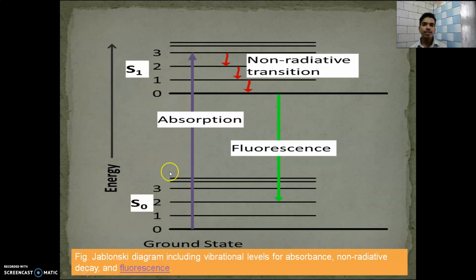Absorption of energy takes place, and there is a non-radiative transfer that brings the molecule to the ground state and forms the fluorescence. So energy is absorbed, and the molecule comes to the ground state again. During the coming to the ground state, the molecule shows different types of changes in states.